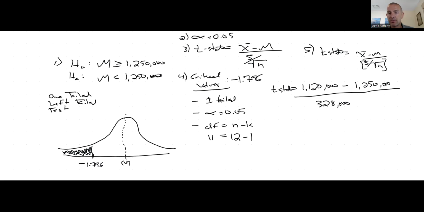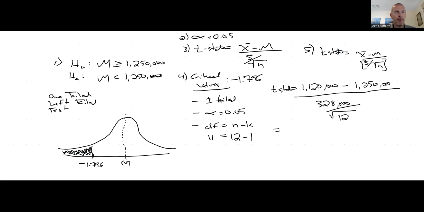So again, 1.12 minus 1.25 over $328,000 divided by the square root of n. What's n? It's 12. Okay, that's my sample size. I looked at the last 12 deals. Okay.